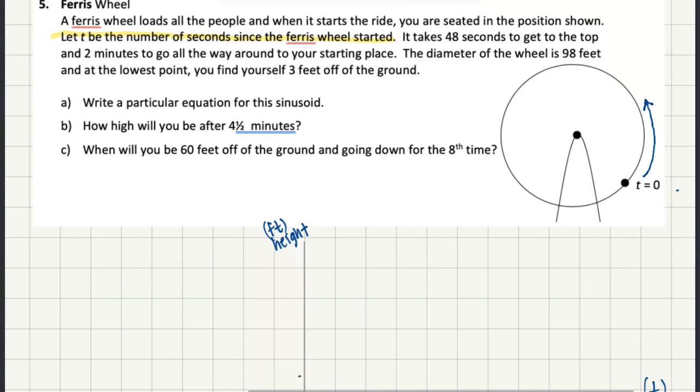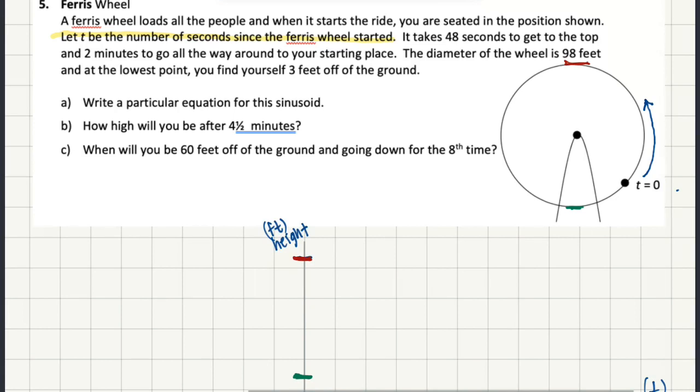Now we're going to have a low and we're going to have a high. So we're going to have our lowest height and our highest height while we're on the ride. So obviously when we're at the bottom of the ride, that's going to correspond to this value right here. When we're at the top of the ride, that's going to correspond to this value right here.